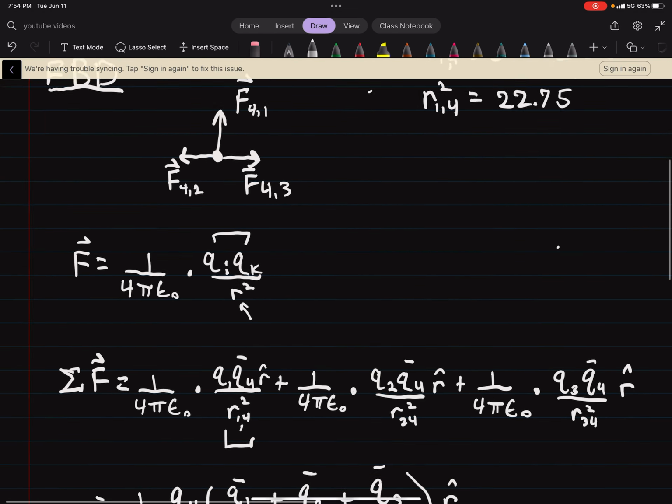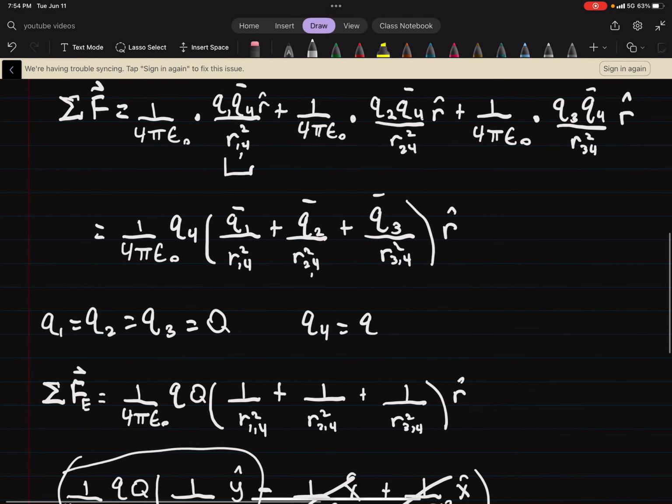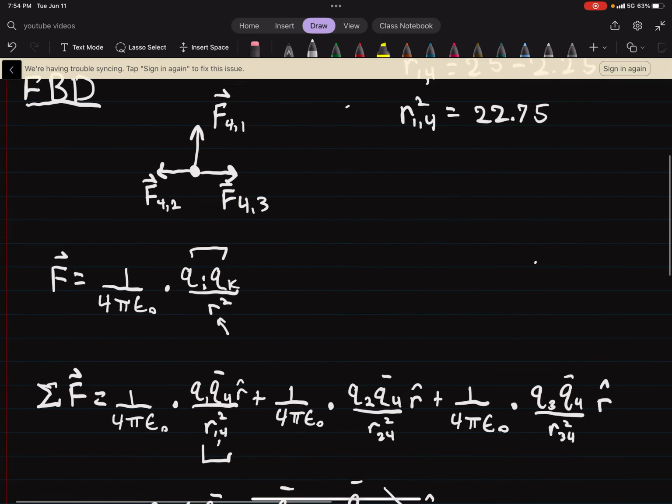If you had a different problem, assuming the charge is the same, the only thing that would be really different are your distance values and then your basis. So it might not necessarily be in the X or Y direction, or it could be in a combination of both.